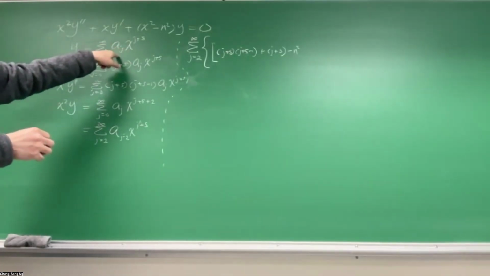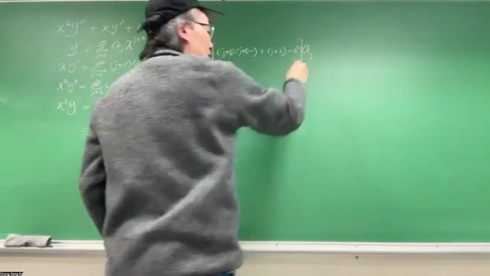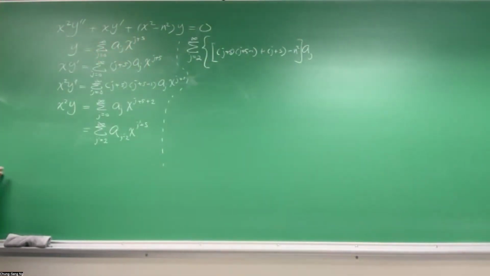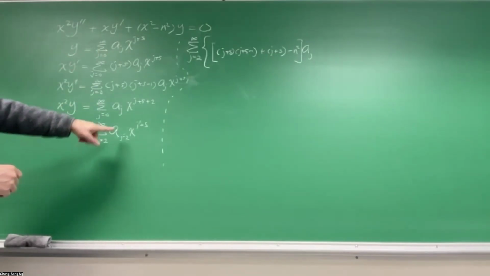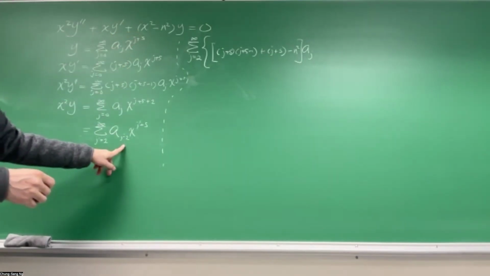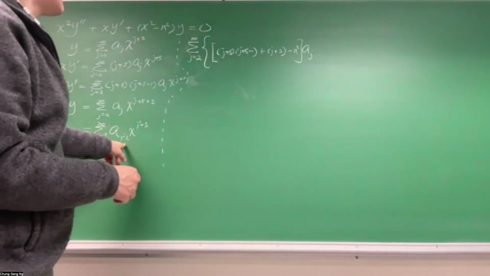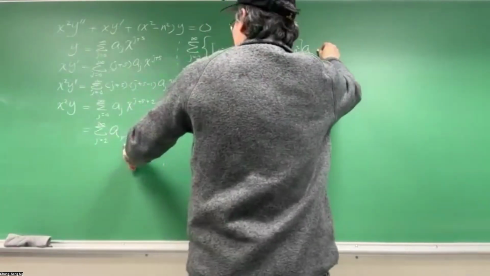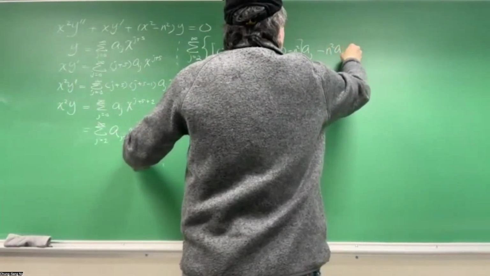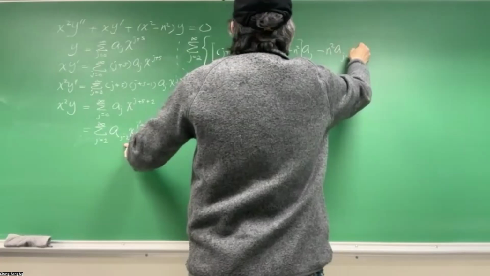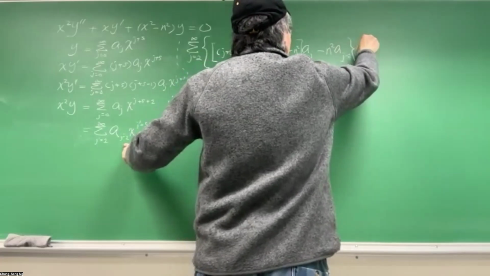That is n squared times this, and all these are proportional to a sub j. Okay, and finally you have this term square times y, which is nothing but just this minus n squared a j minus 2. Everything proportional to x to the j plus s.